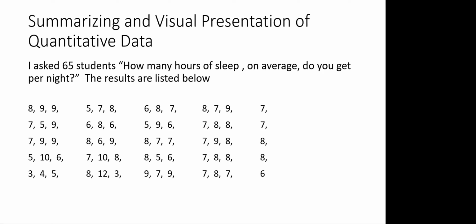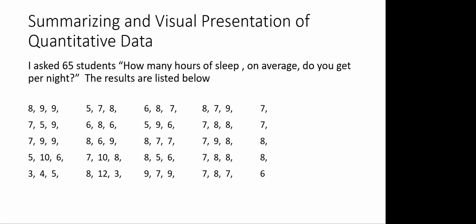I think I have only 1 for 3 hours of sleep, maybe 2, and 1 for 4, but pretty much all other values I have a lot of frequency for each of those values. So for small discrete quantitative data, you're gonna handle it the same way we handle qualitative data.